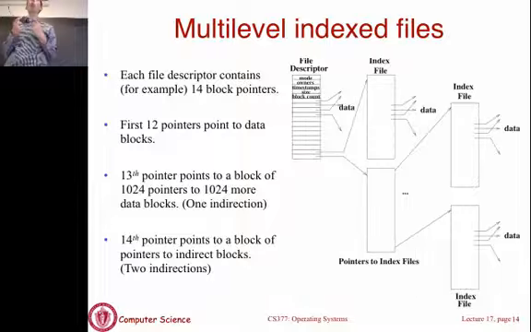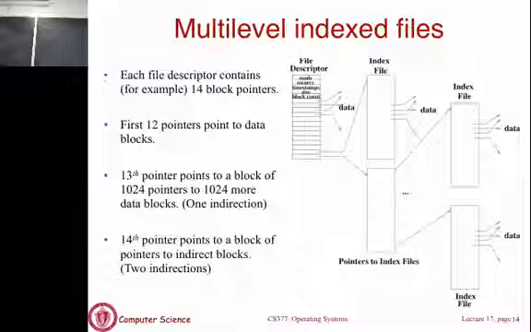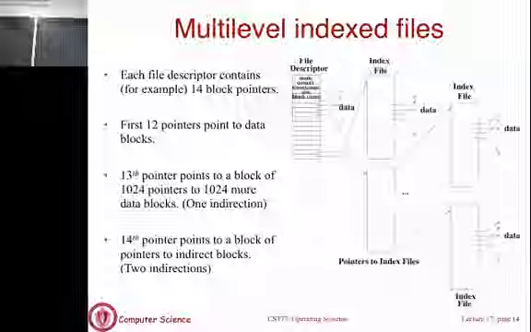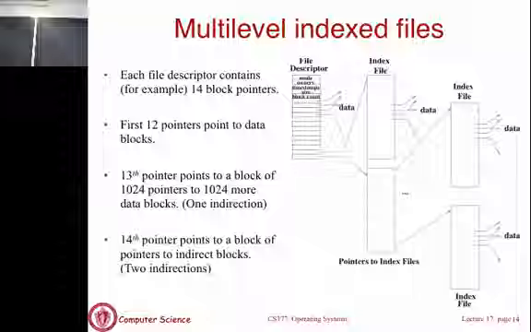That's basically one level of indirection: you have a pointer to an index with another pointer to the data. And then you could have multiple levels of indirection as well. So in this example, the 14th pointer points to another index, but this index is pointing to other indexes as well. So this index could point to 1,024 pointers.